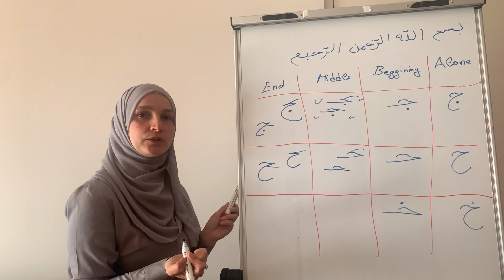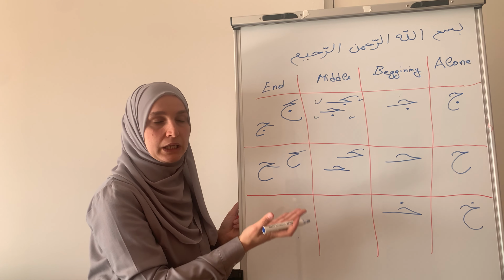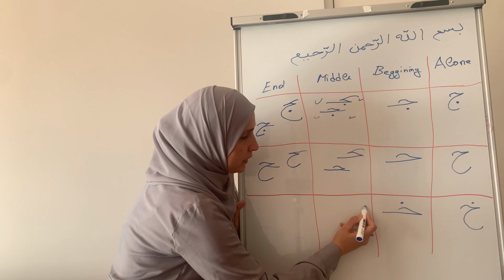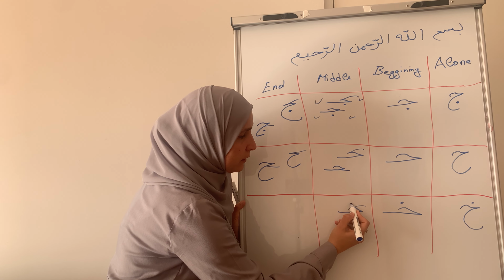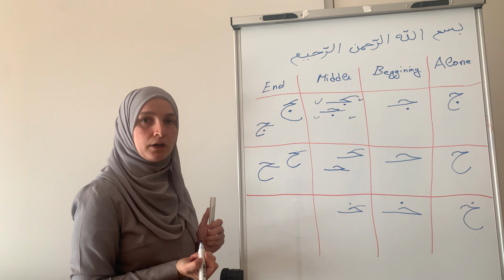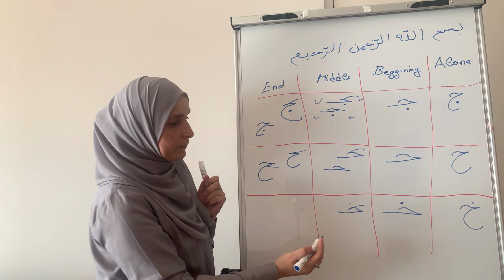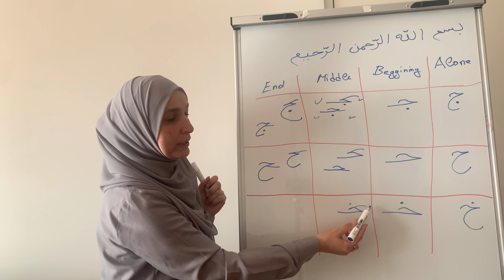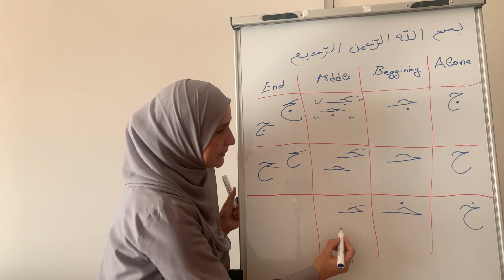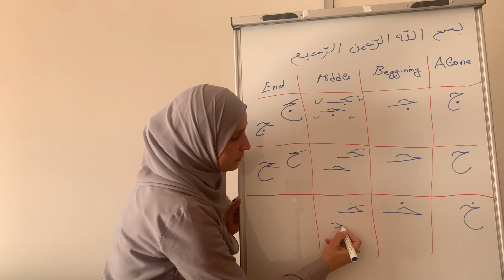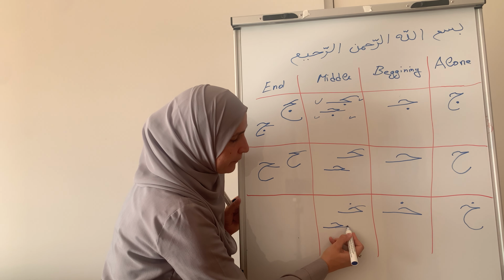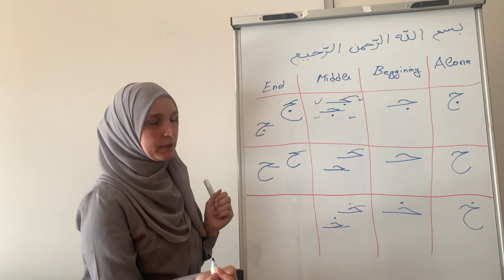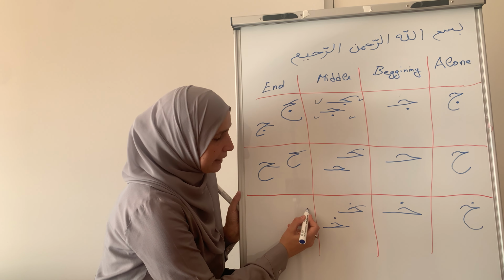Kha. This is letter Kha at the beginning of a word. This is letter Kha at the middle of a word. It allows itself to be connected on 2 sides. And this form as well. 2 forms of it.